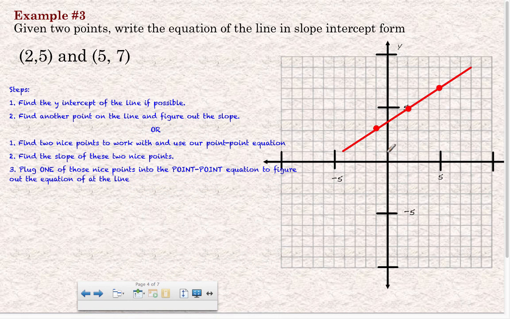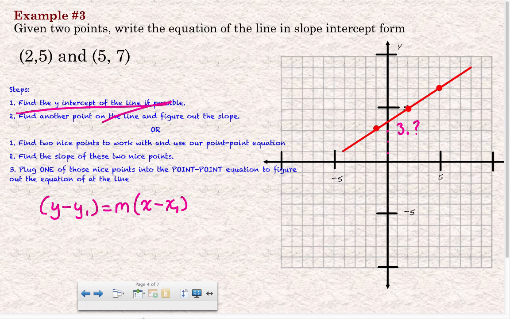It looks like it crosses at 1, 2, 3, 3 and something, but we don't know what that something is. It's not quite 4. So we're going to have to use our point-slope formula, which is y minus one of my y values, figure out my slope, x minus one of my x values.